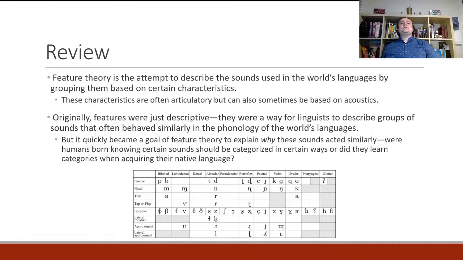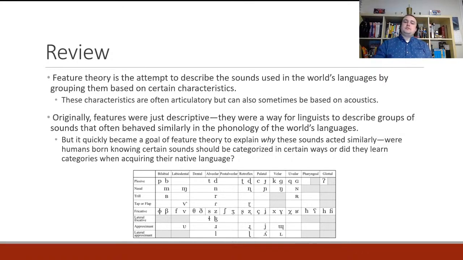And originally, linguists wanted to be able to describe these sounds, right? So originally, features, which is what we call these groupings, were just descriptive. They were a way for linguists to describe groups of sounds that often behaved similarly in the world's languages' phonologies and had some kind of phonetic property in common, right?